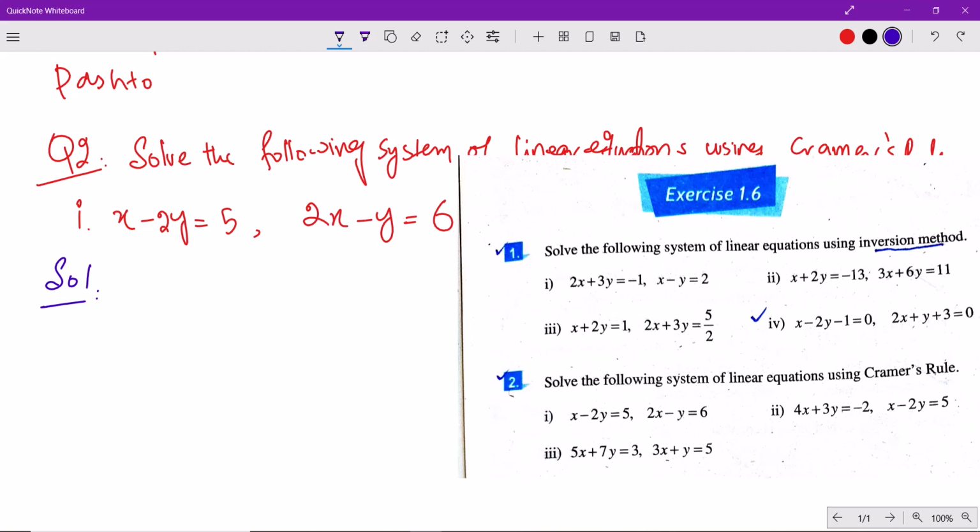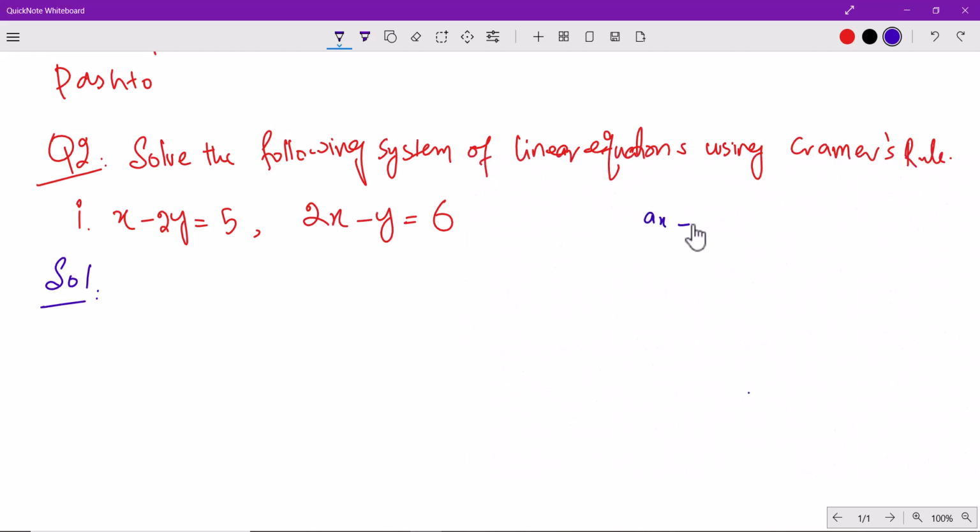Let's suppose among the equations, ax plus by is equal to m and cx plus dy is equal to n. The x coefficients, the y coefficients, and again the x coefficients and y coefficients, form the matrix.